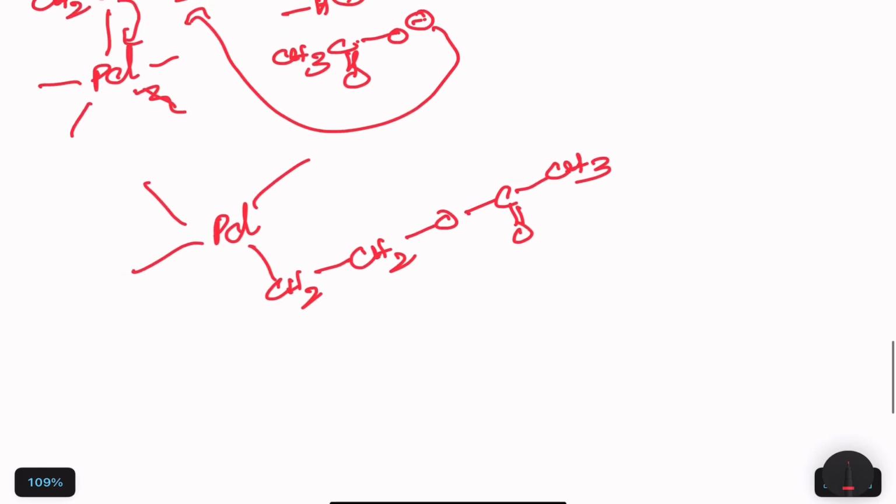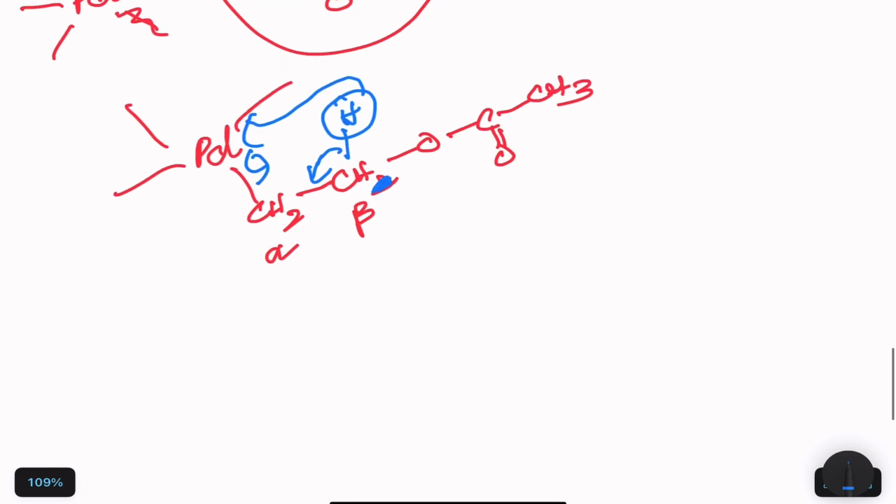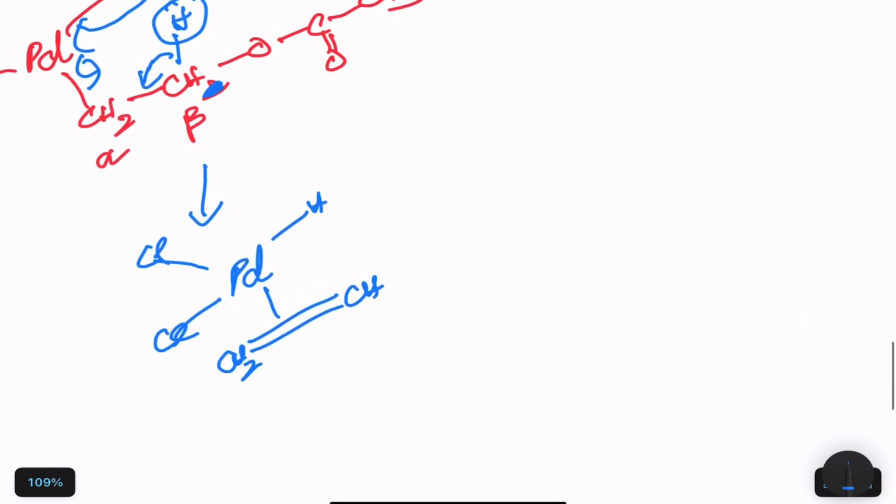So now this is the alpha carbon, this is the beta carbon. We already know the beta hydrogen will go and attack where? It will go and attack here, and this will be forming here, and then this will go here. Okay, so now what will happen? Palladium, and then hydrogen, chlorine, and then CH2, CH, O, CO, CH3.